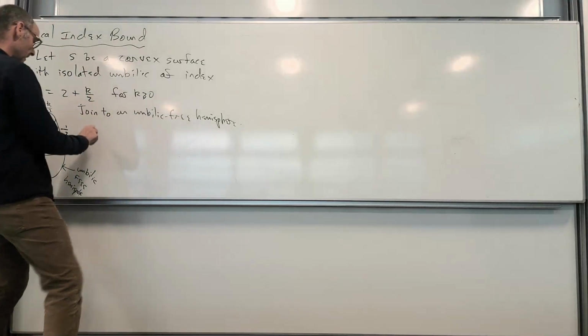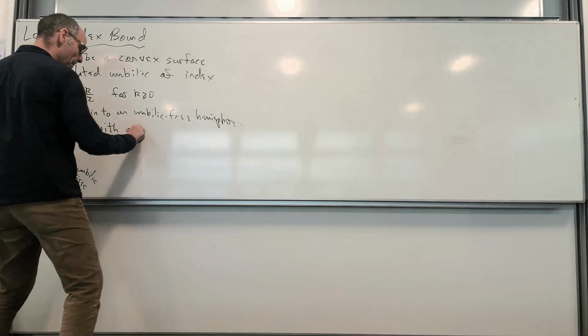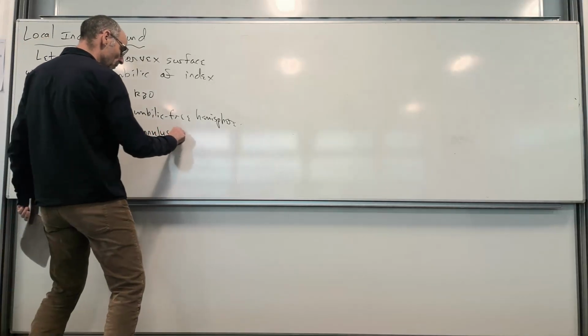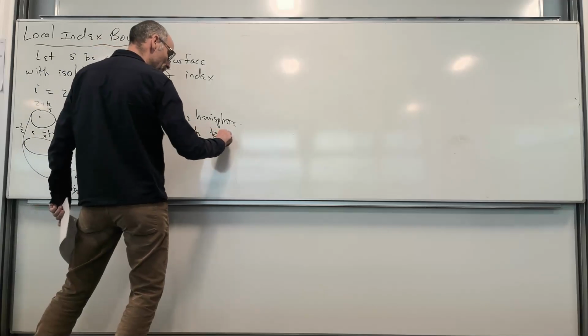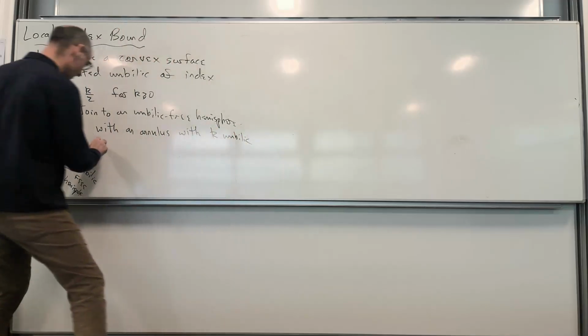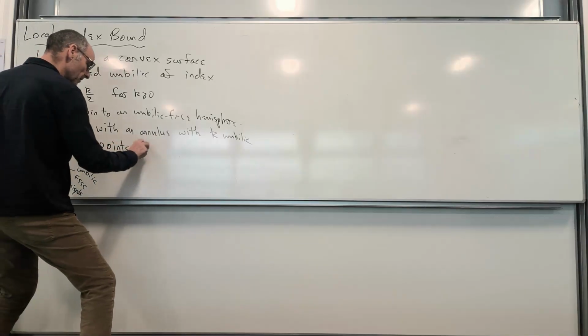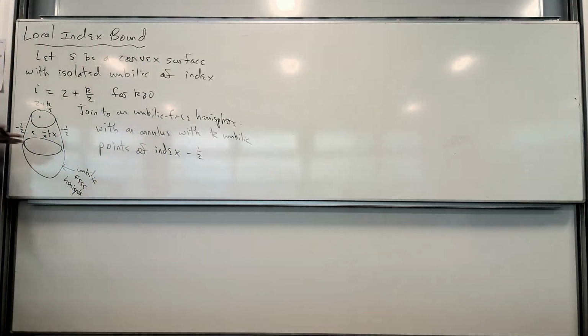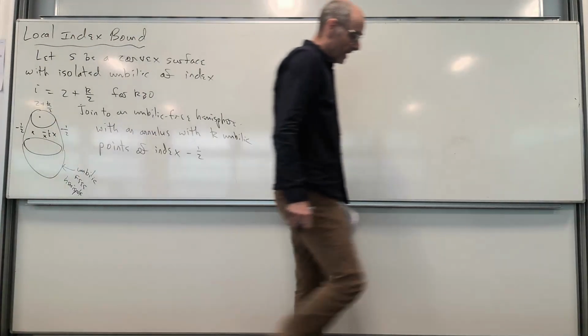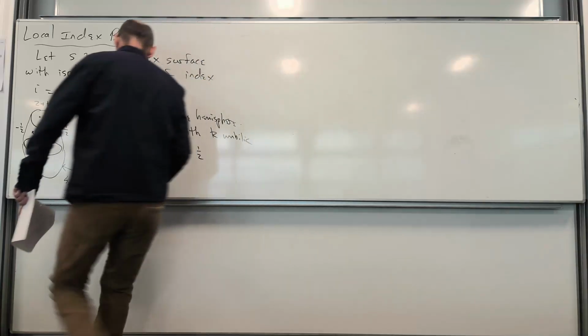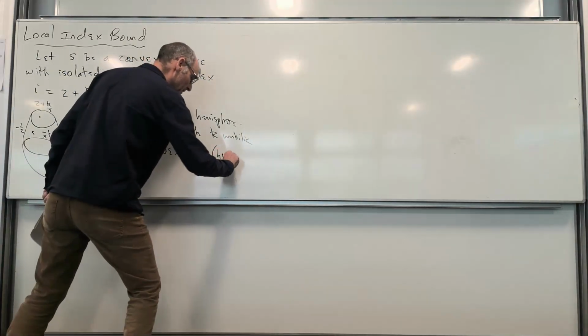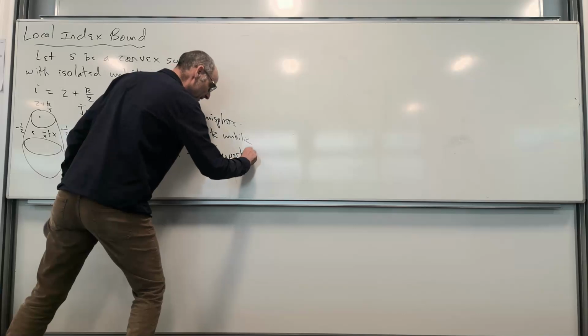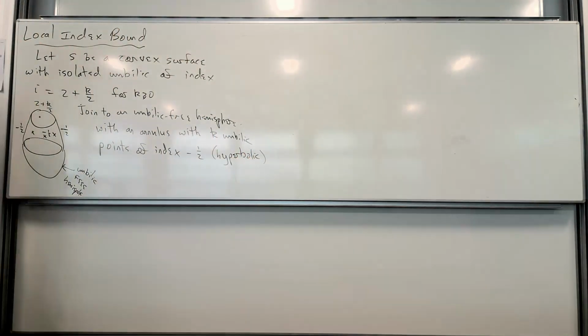So join with an annulus with k umbilic points of index minus a half. Okay, and then they will add up to 2. So that's what you're going to have if you attach it to something without umbilic points. These are called hyperbolic. If it was +1, they're called elliptic. This is an old nomenclature for these types of umbilic points.